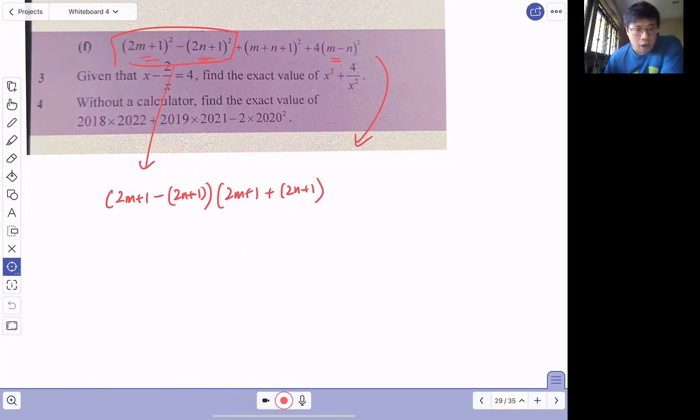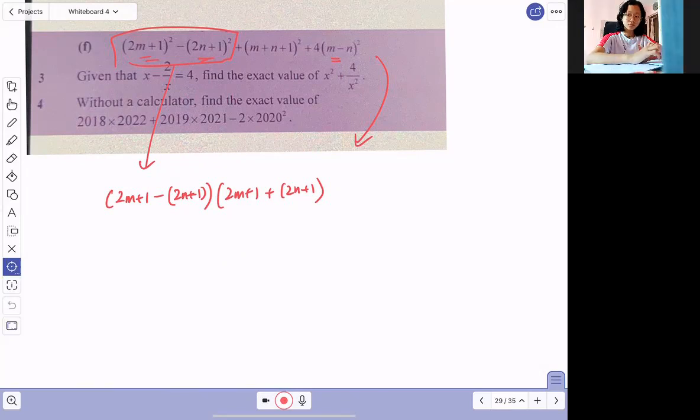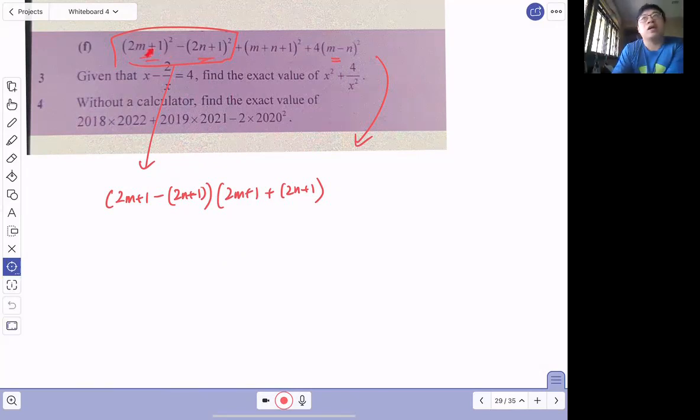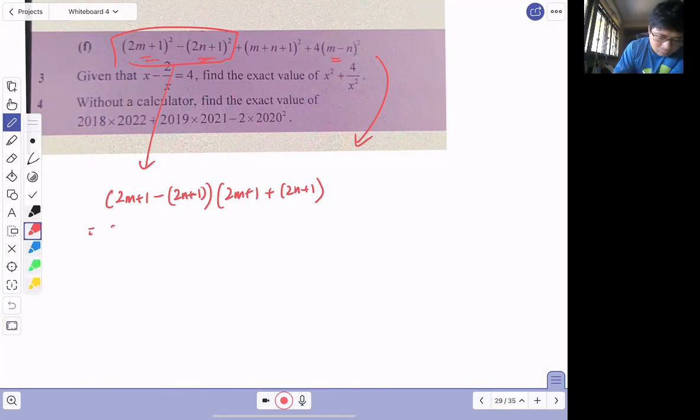Assignment 1, question 2, F. Okay. If I combine these two, right? Okay, so this one I saw a square minus b square. You're able to see also a square minus b square? Then from here, 2m plus 1 minus 2n minus 1, 2m plus 2n plus 2.